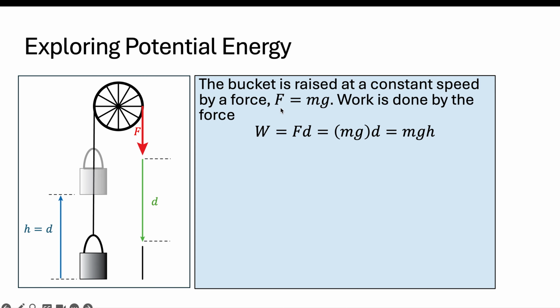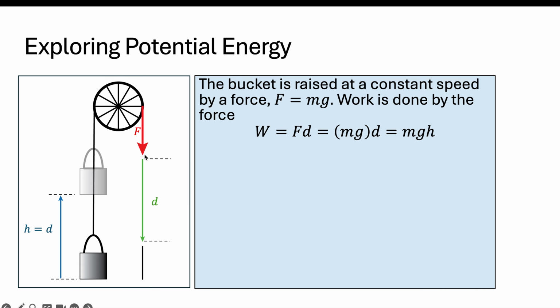So I would need to apply a force that would be equal to the weight of the bucket in order to have it move up at a constant speed. And so the work that would be done by this force would just be the force times the distance that you pull it, or the displacement. Now there's a cosine of the angle, but the force is in the same direction as the displacement.